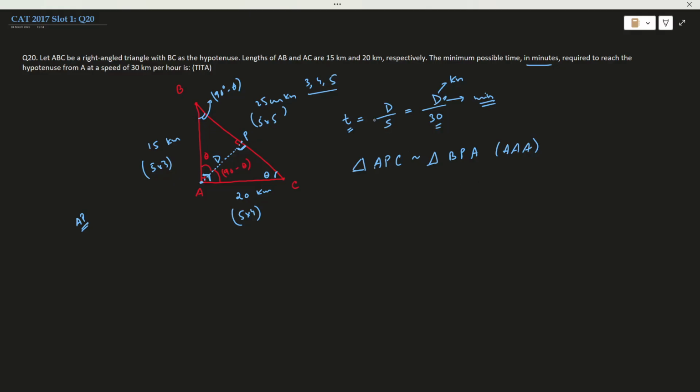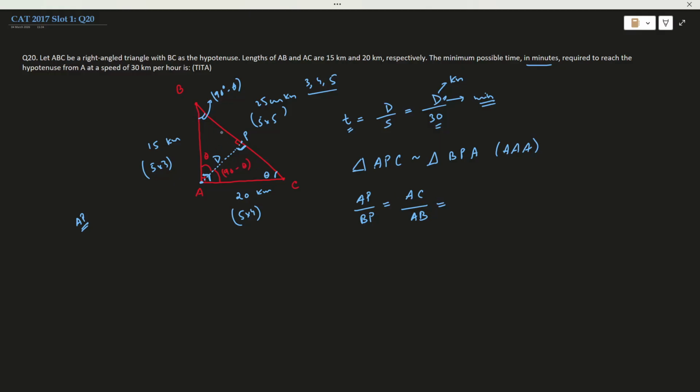Angle similarity, right? If two triangles are similar, that means the ratio of the corresponding sides are equal. So I can say AP by, see, AP is opposite to theta. So in this triangle, opposite to theta is BP, is equal to AC. AC is opposite 90 degrees, so in this triangle, opposite to 90 degrees is AB.